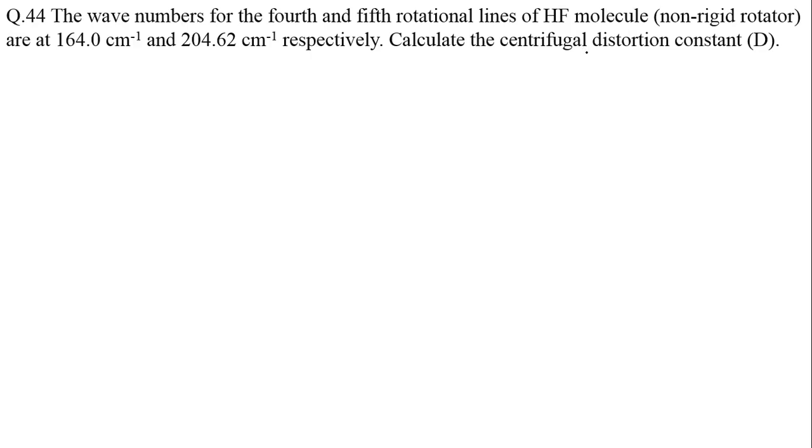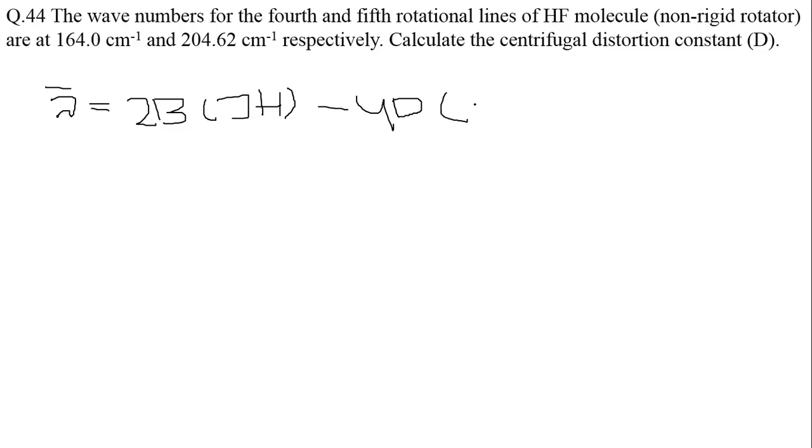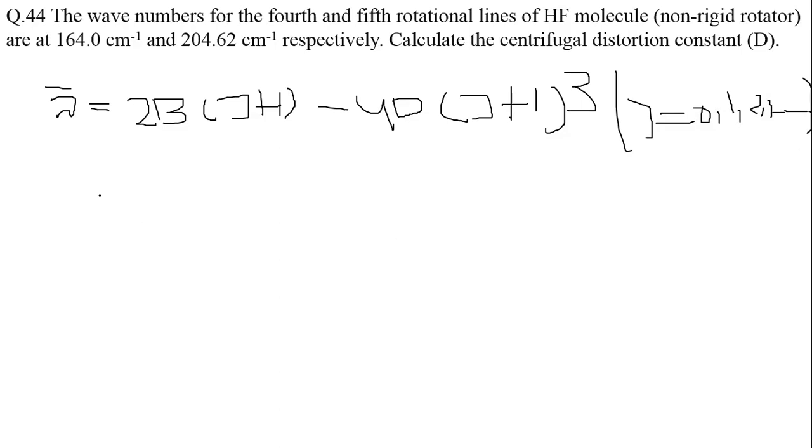For a non-rigid rotator, the separation between the lines, that is the wave number, if you refer to the lectures on the non-rigid rotator, is given as 2B into (J plus 1), that is the rigid rotator part, and the additional part comes due to the non-rigid rotator case, which is a term in (J plus 1) cube. J is 0, 1, 2, 3, like that.